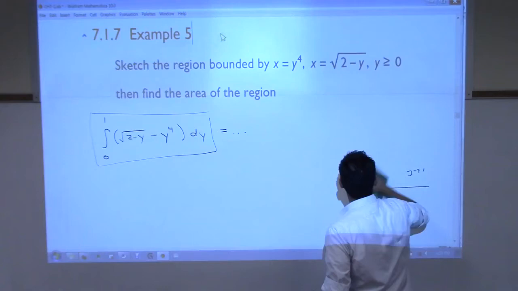That means set this equal to this. Set y to the 4th equal to the square root of 2 minus y.